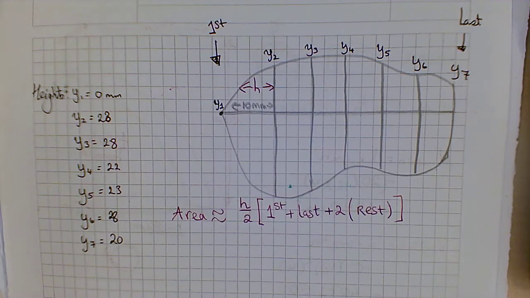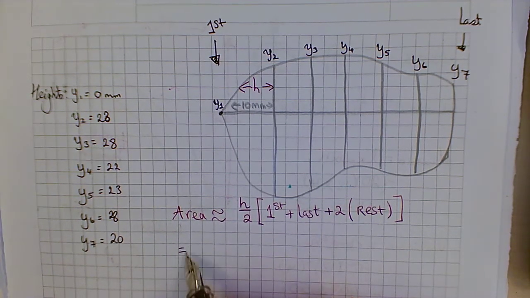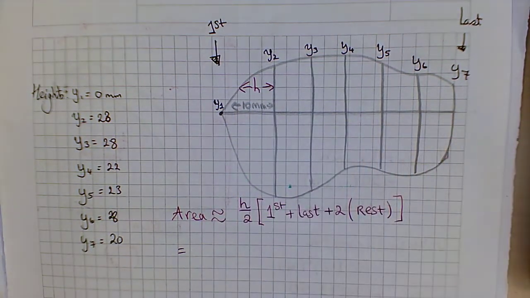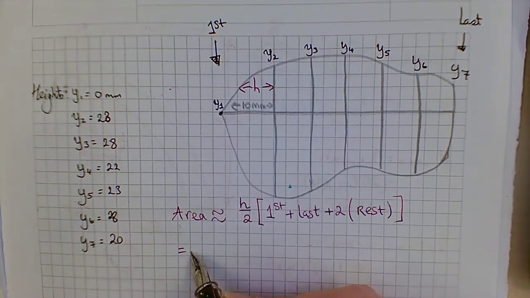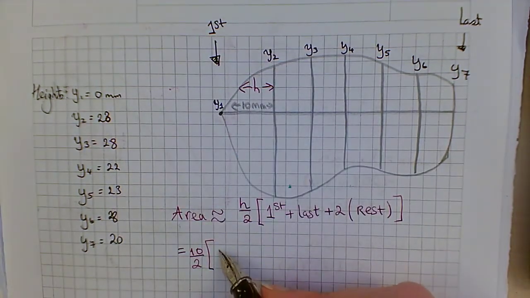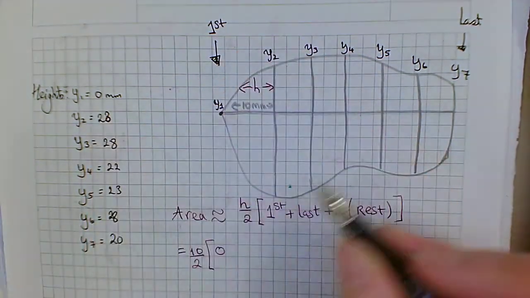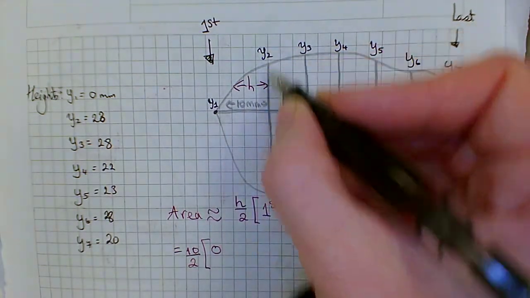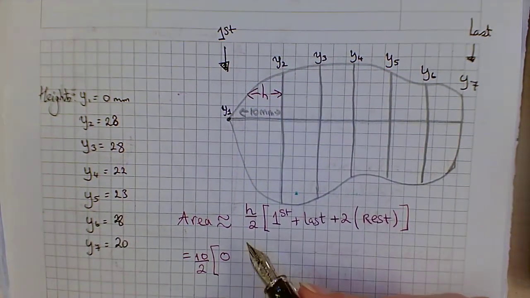So that's not the formula that's in the log tables, but it's the one that's easier to remember. H, of course, is the distance that's the same all the way along, so that's going to be 10 over 2. The first vertical height is 0, that's why it's important to get that 0 in there. If you skipped onto this being our first vertical height, you're not going to get the right calculation.